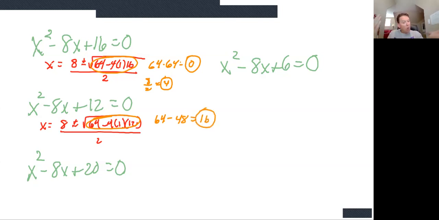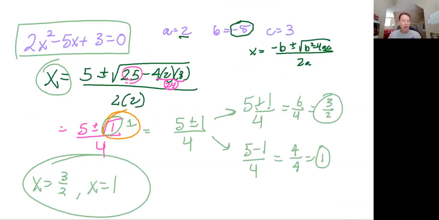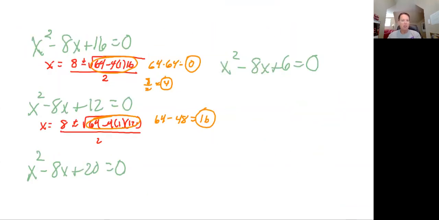Now what's interesting to us about 16? The square root of 16 is just 4. It comes out to a really nice number. This becomes 8 plus or minus 4 over 2, which leads to 8 plus 4 is 12 over 2, so 6. 8 minus 4 is 4 over 2, which is 2.